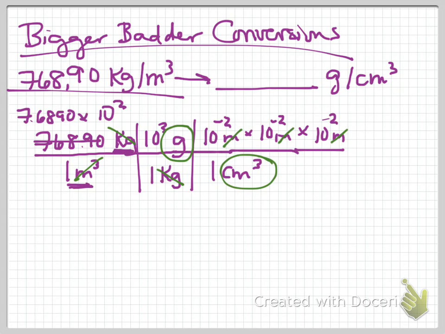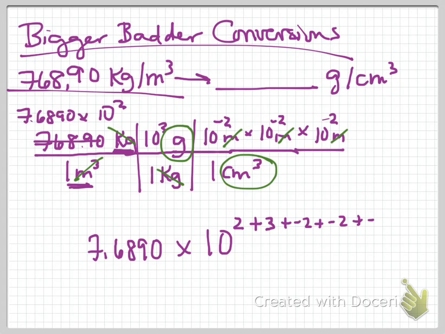Okay, so time to do the math. I have 7.6890 times 10 to the second plus 3 plus negative 2 plus negative 2 plus negative 2. There are so many different ways to skin that particular beast.